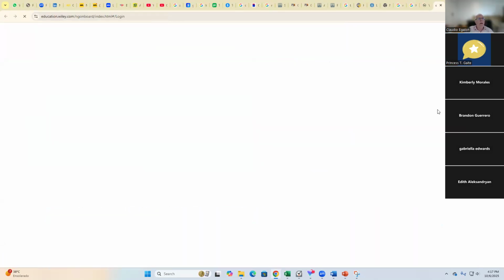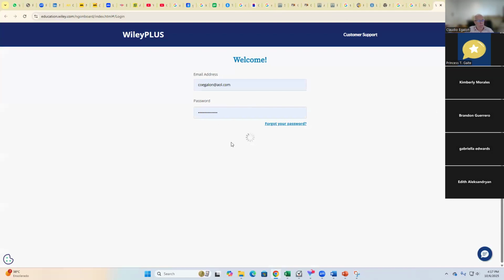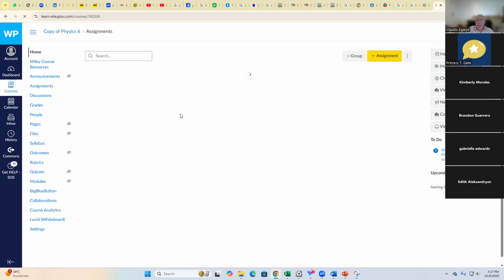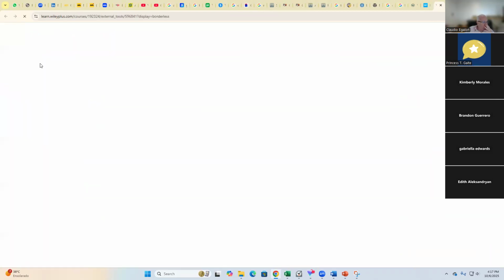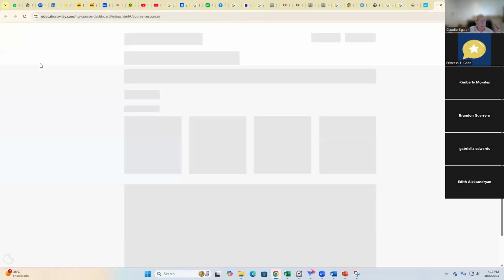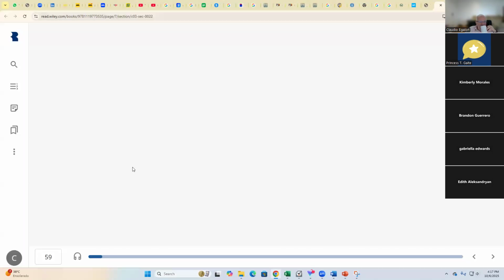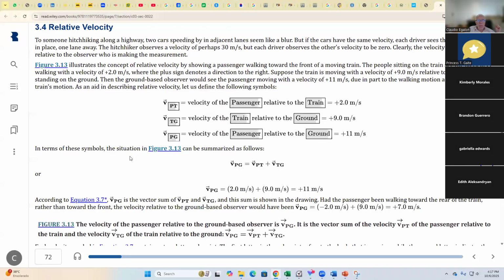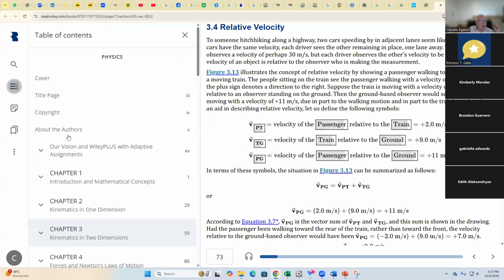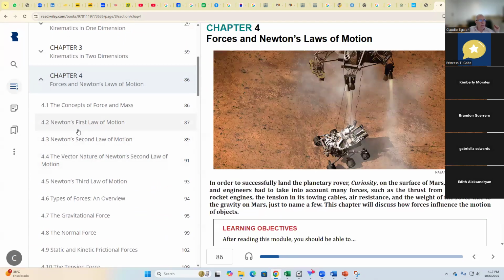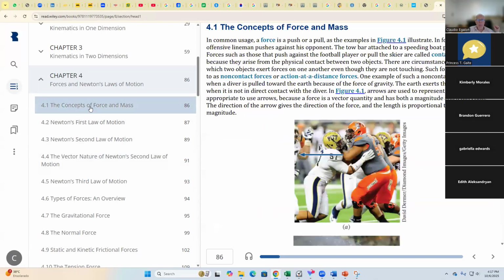Okay, that's the one we want. Book. Let's see here, chapter 4: Forces and Newton's laws of motion. Concepts of force and mass.